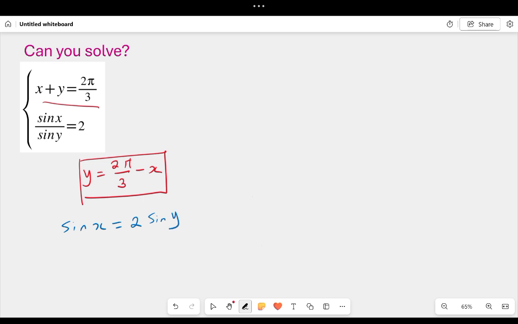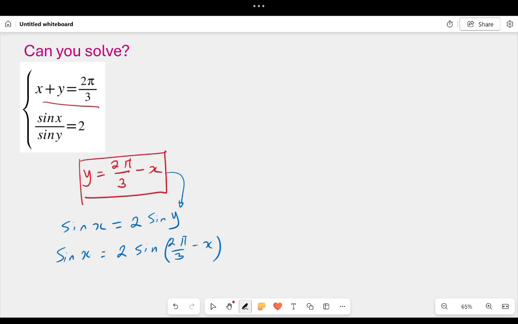And then, making a substitution from what we just found here, sine x will be equal to 2, now instead of sine y, I'm going to have 2 sine of 2 pi over 3 minus x.